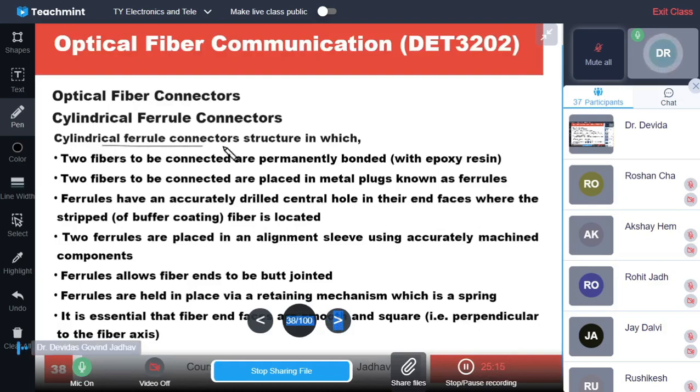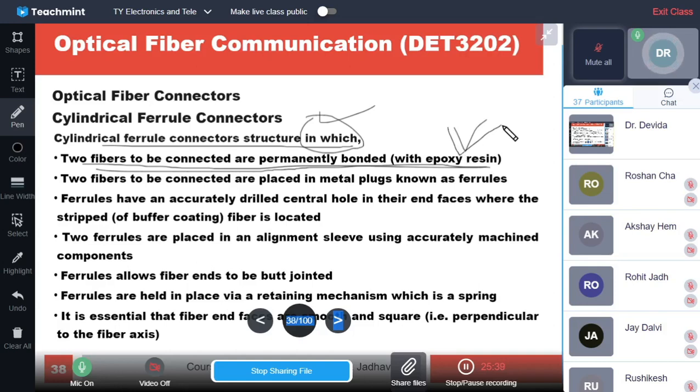In the cylindrical ferrule connector structure, the two fibers to be connected are permanently bonded with epoxy resin. So in the connector, two fibers are connected and permanently bonded with epoxy resin. Epoxy resin is applied to bond the fiber.